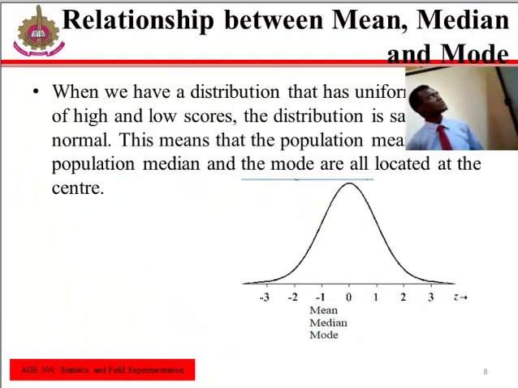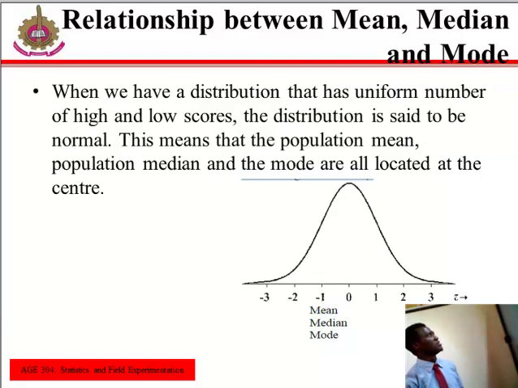Now, relationship between mean, median, and mode. When we have a distribution that has a uniform number of high and low scores, then the distribution is said to be normal. That is, the numbers are said to be normally distributed. This means that the population mean, population median, and the population mode are all located at the center.